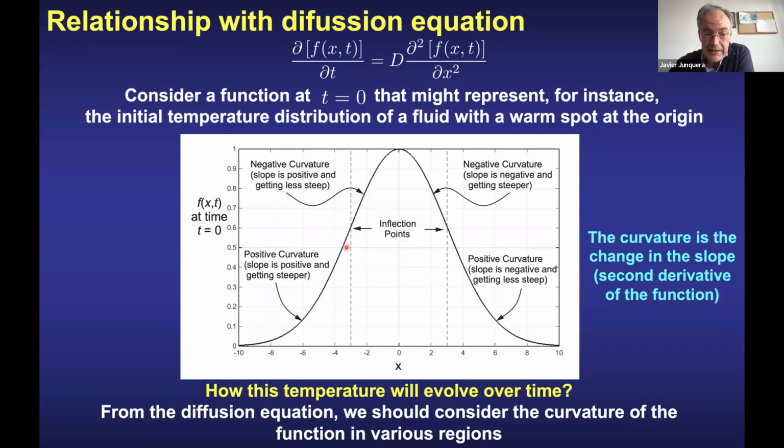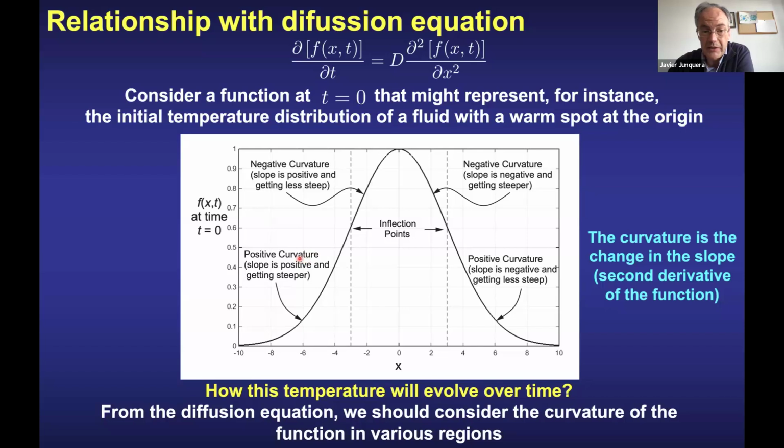So here, just taking a look at this figure, we can see how there are regions between minus infinity and this point here, where we have a positive curvature. The slope here is positive, but it is getting steeper when we move to the right. So that means that the first derivative with respect to the position is positive, and the second derivative is also positive.